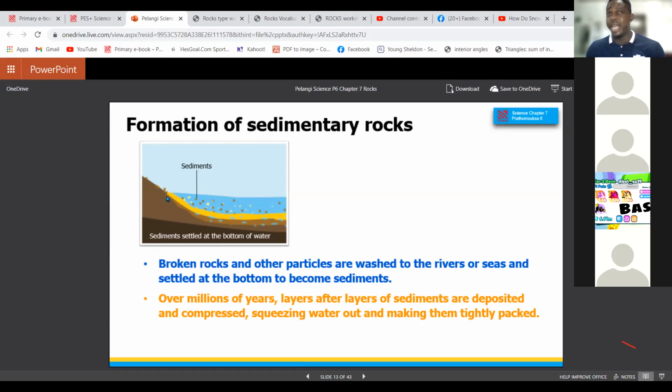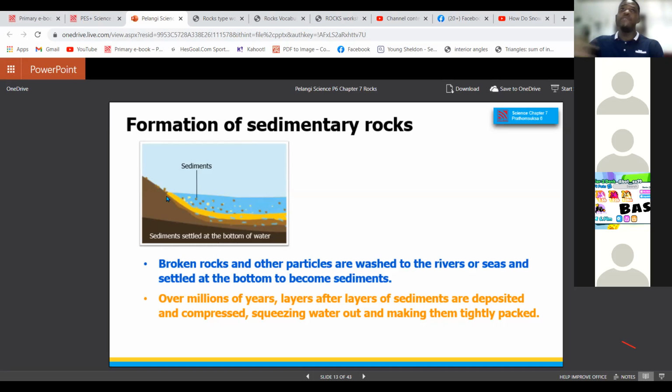That is what the wind is doing. So when the wind is taking away the parts of the rock on the ground, we call that weathering. Remember the word weathering, okay? Weathering is when wind is taking rocks away.